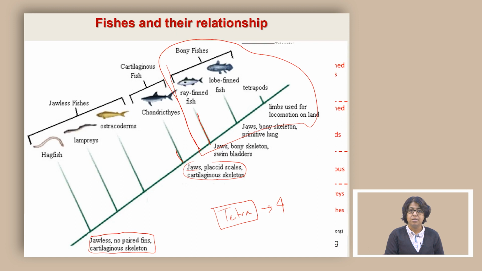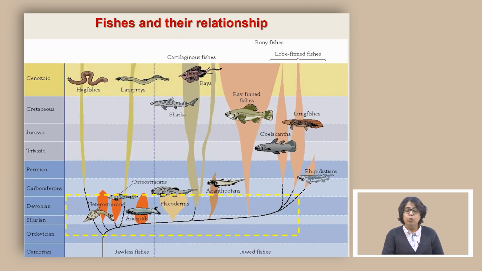Now, if we look at their relationship with time, we are going to see that there are various kinds of fishes that we are finding in this particular time period: Ordovician, Silurian and Devonian, primarily in Devonian.